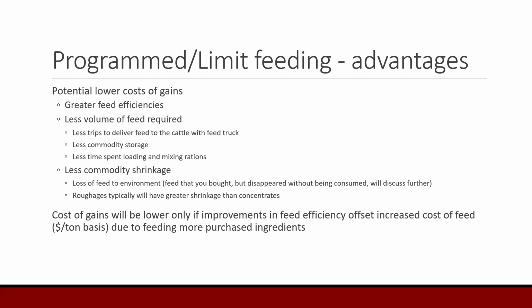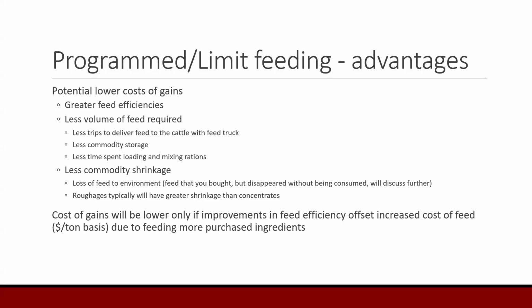So that could have benefits around less trips to deliver feed to the cattle with a feed truck, right? Less commodity storage. Maybe I don't have to buy as large of a commodity barn. Then less time spent loading and mixing rations. Obviously, the more you're feeding, the longer it's going to take you to drive your payloader, scoop feed up, and then add it to your mixing wagon.